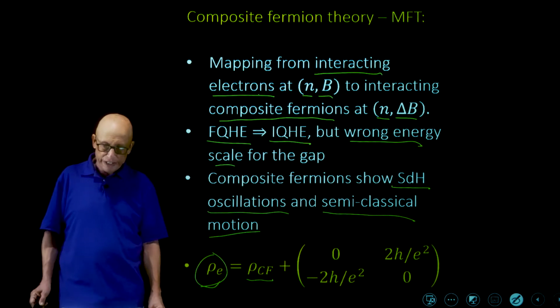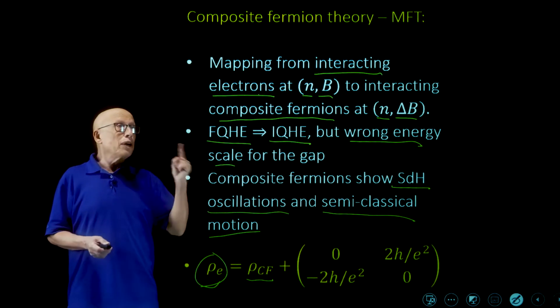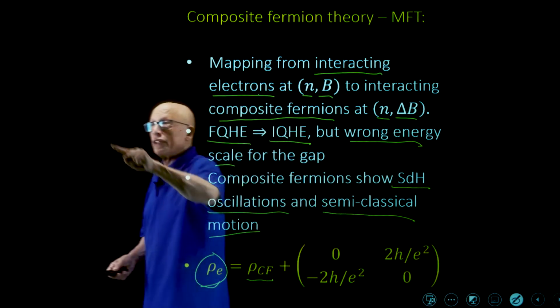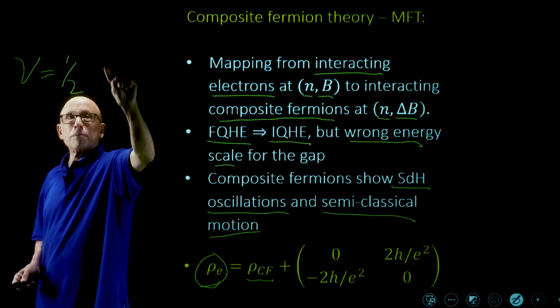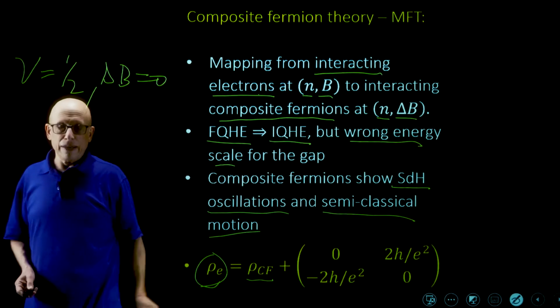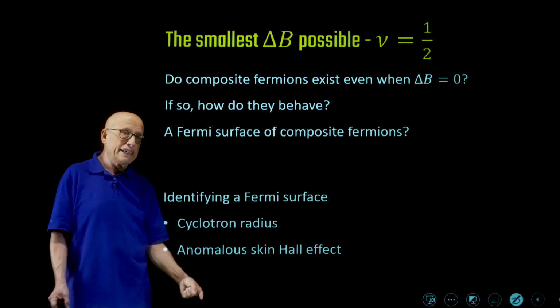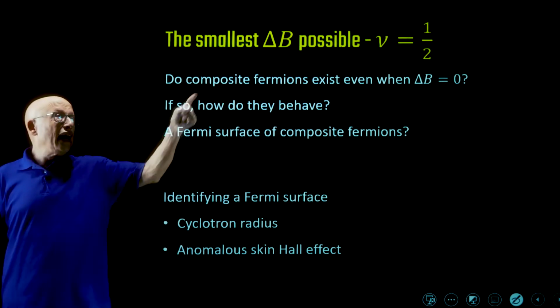Now, what we want to do is to talk about the case where delta B is 0, so nu equals 1/2 and delta B equals 0. Maybe before doing that, let's present the experimental realization.